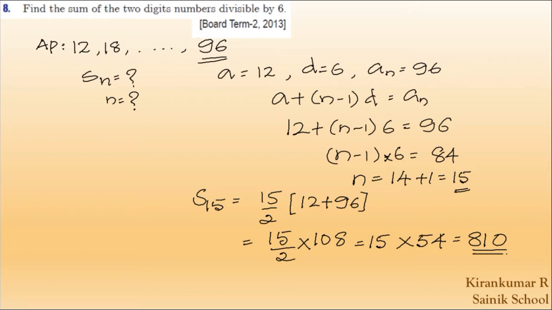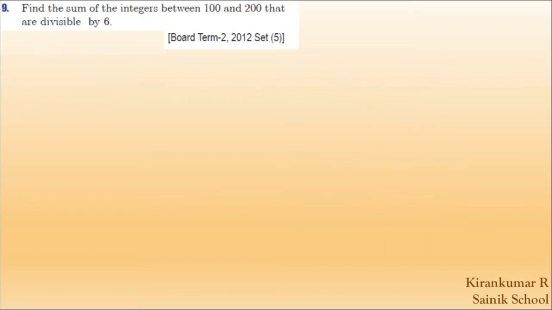Next question, question number 9. Find the sum of the integers between 100 and 200 that are divisible by 6. When it is between 100 and 200, we need to consider all those 3-digit numbers.